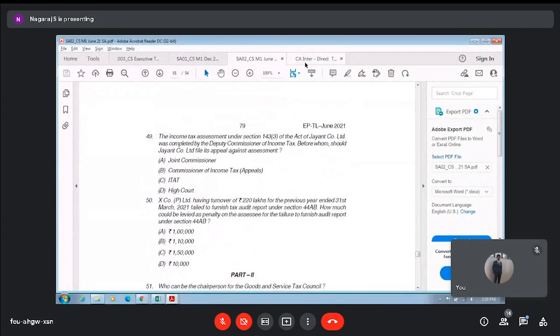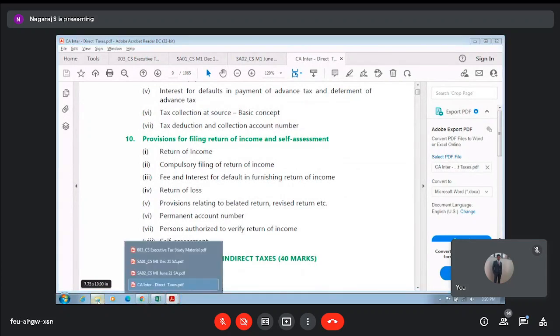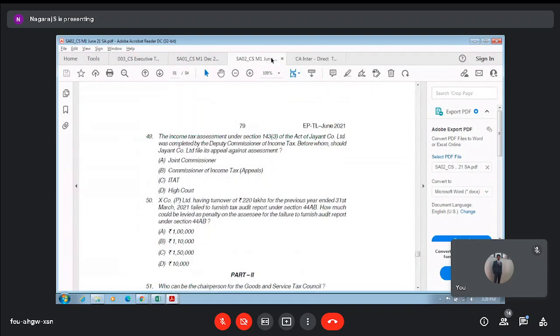Okay, no AMT question in that. And we left. I think the last question was also related in the previous one. 50, AMT. Not AMT, but 220 lakhs previous year turnover. Okay, is it failed to penalty, this one. Okay, so not related.